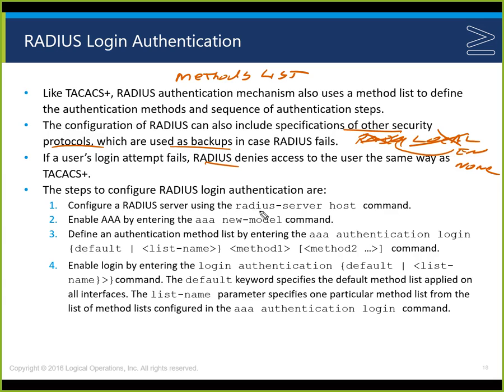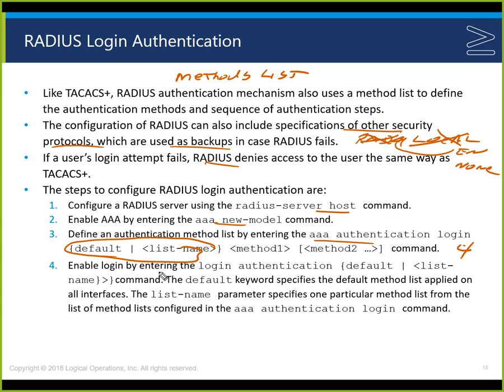And to configure it, radius server host, and we gave that, we had to identify where it is, aaa new-model, and then AAA authentication login, default, or a list name. We can do either here. We can use default, or we can name it method 1, method 2, on down the line, group radius, local, and I think the correct number is 4 methods that we can have in here.